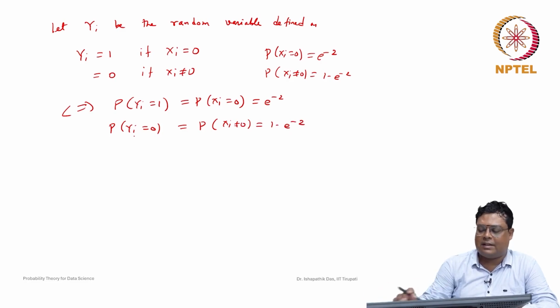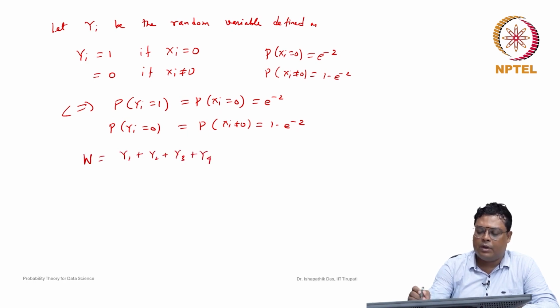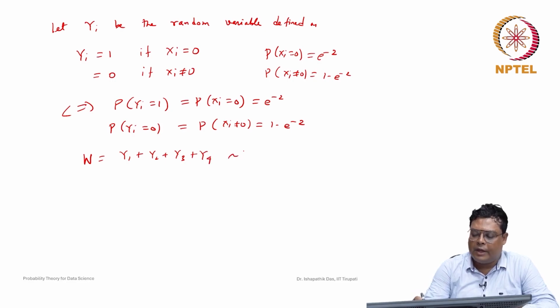Now it is asked exactly, so if you consider the sum of these random variables, suppose w is equal to y1 plus y2 plus y3 plus y4, it is a binomial distribution with parameters 4 and p, where p is the probability of yi equal to 1, because they are all identically distributed and independent random variables. So this probability is e to the power of minus 2.